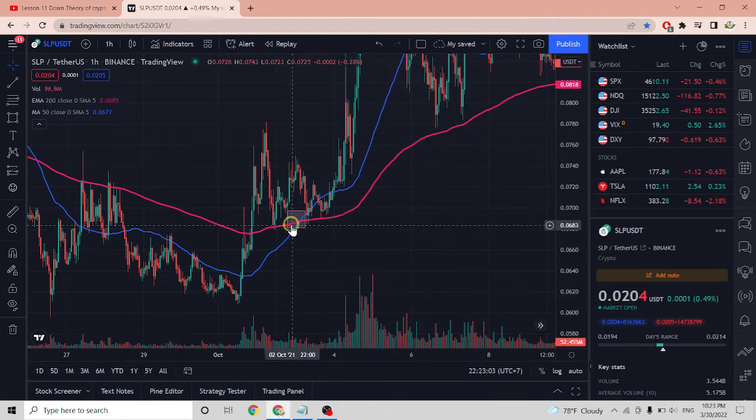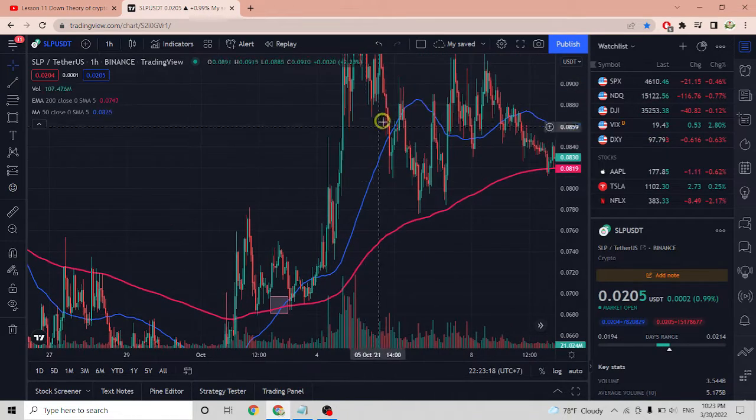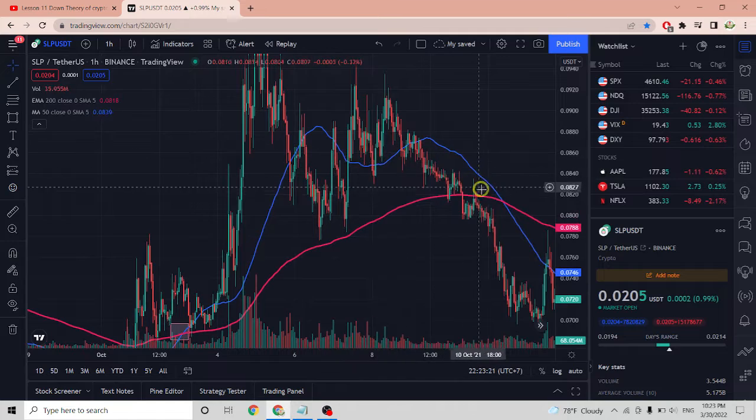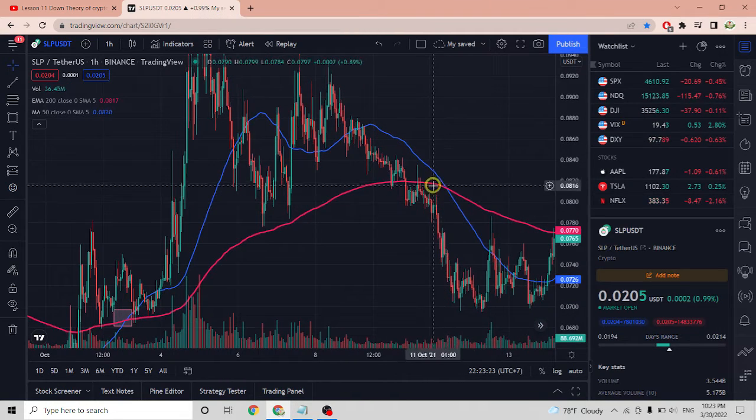It's about here. So the EMA crosses the MA, the EMA is below the MA, then the graph is going up, so you can buy here. Buy, buy again.